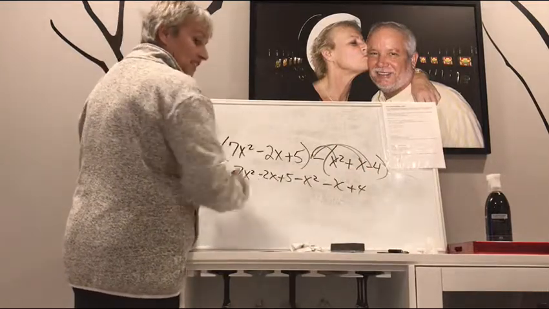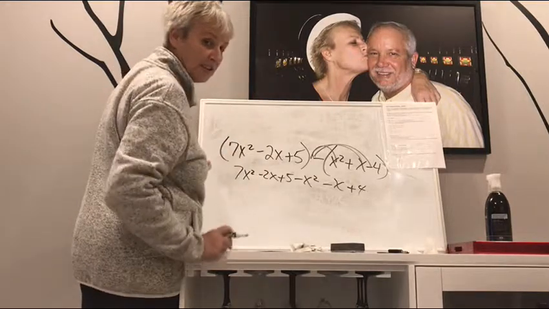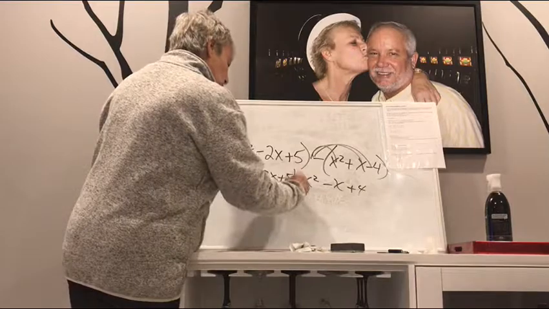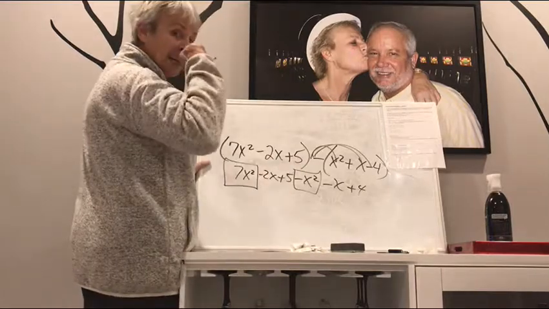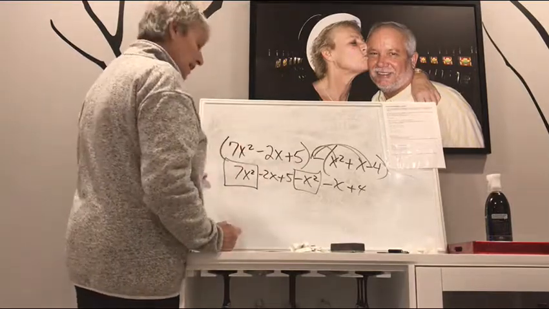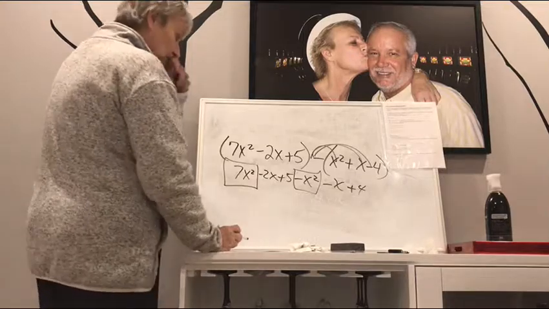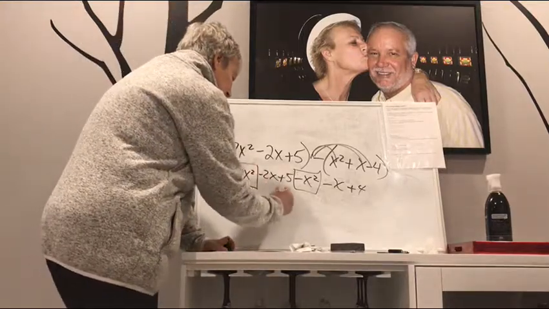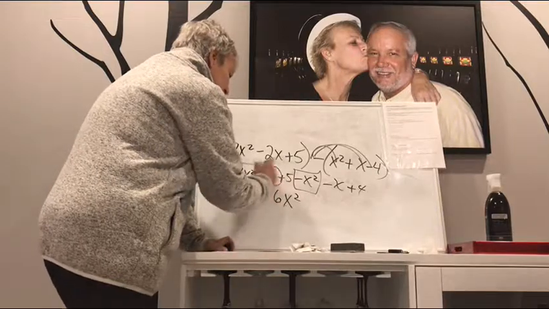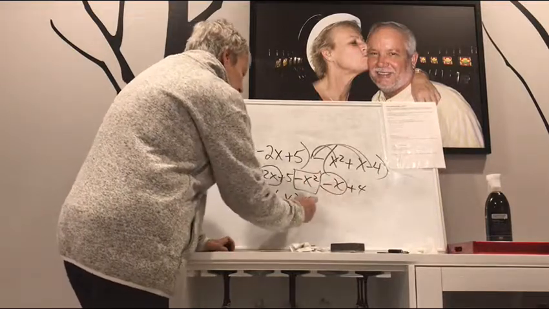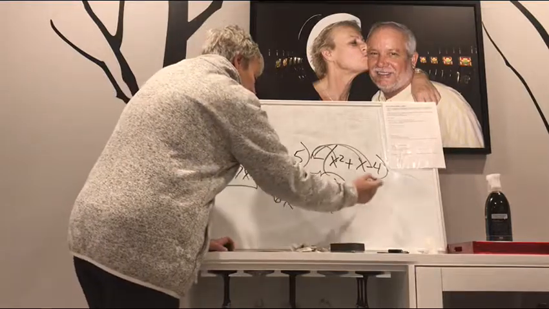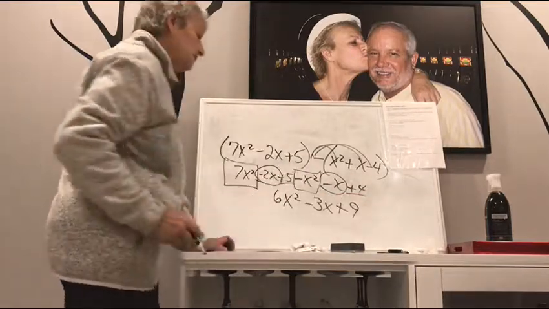By the way, I expect to see this step. You people that don't like to show work, show it. 7x squared, and if you don't have a printer, you can look at the screen and use paper. Everybody gets a 0 if they don't do their homework Friday. 7 minus 1 is 6x squared, negative 2, negative 1, negative 3x, positive 5, positive 4, positive 9.